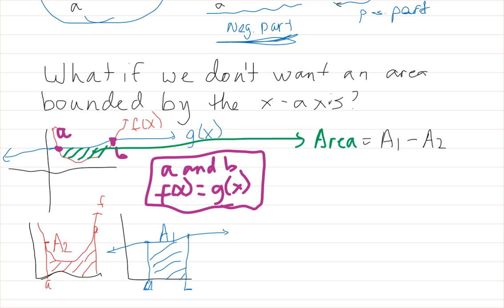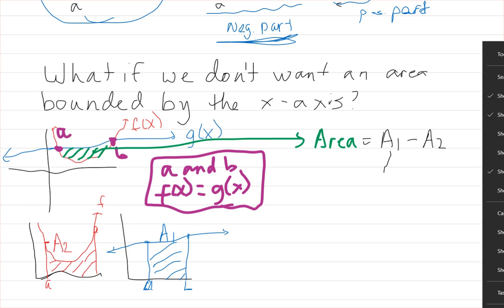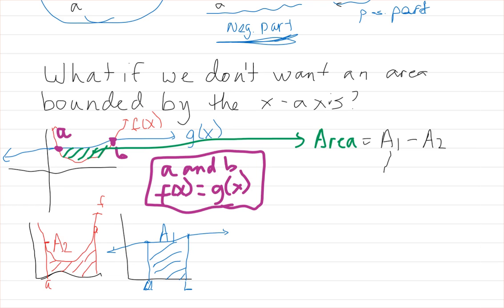Now, how do we find A1? A1 is the integral from A to B of g of x.